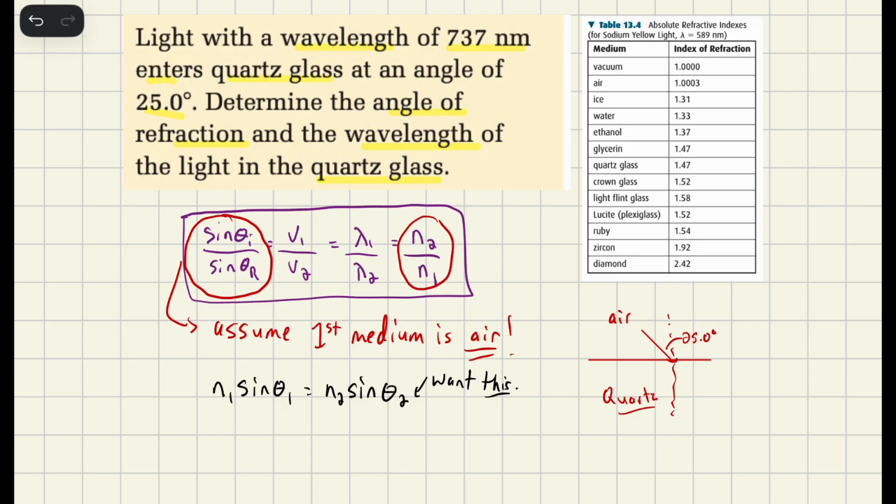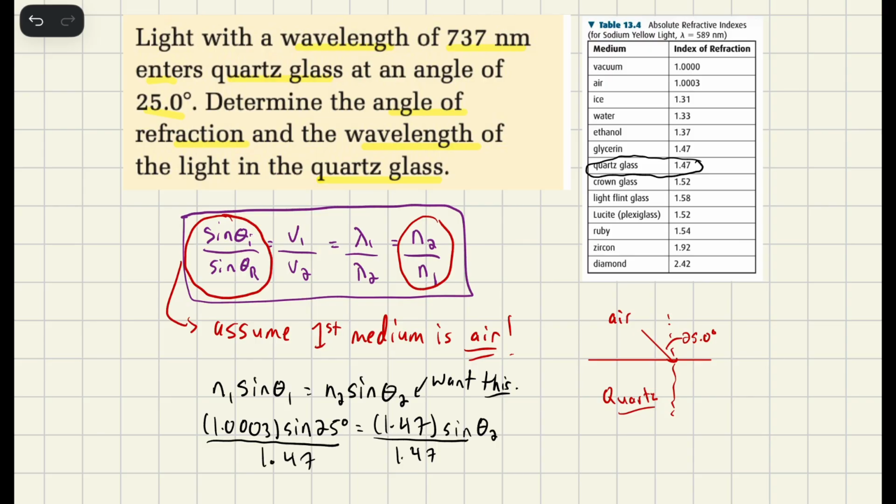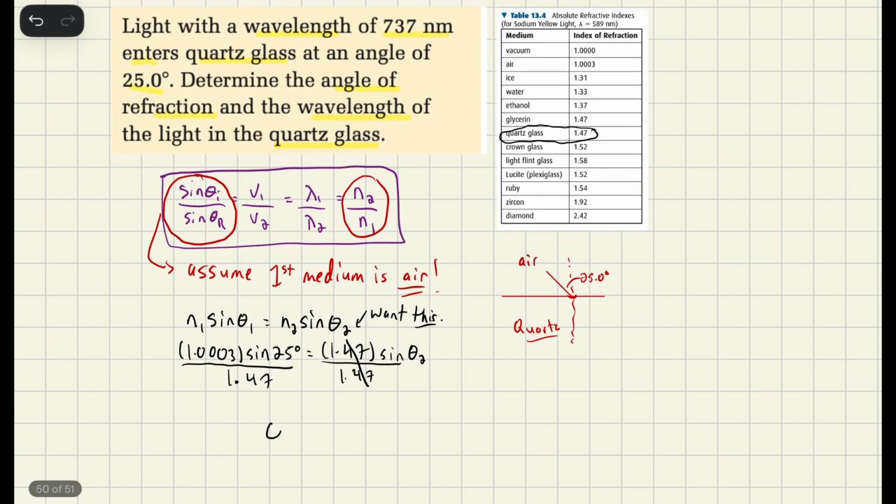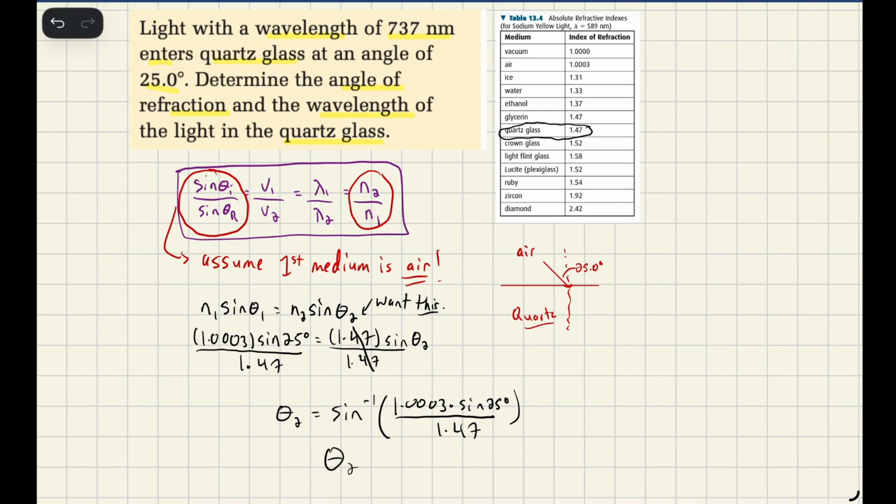So I'm going to plug in all my values, which I get from the chart and from the question itself in terms of the angle of incidence, and then we're going to isolate for theta 2. And when we take the inverse of sine, we end up getting an angle of refraction of 16.7 degrees.